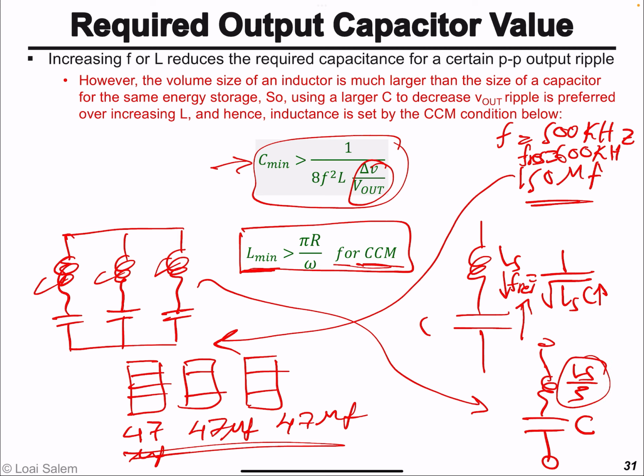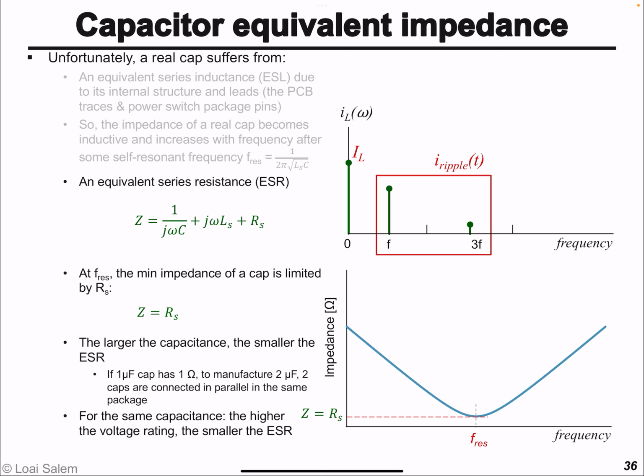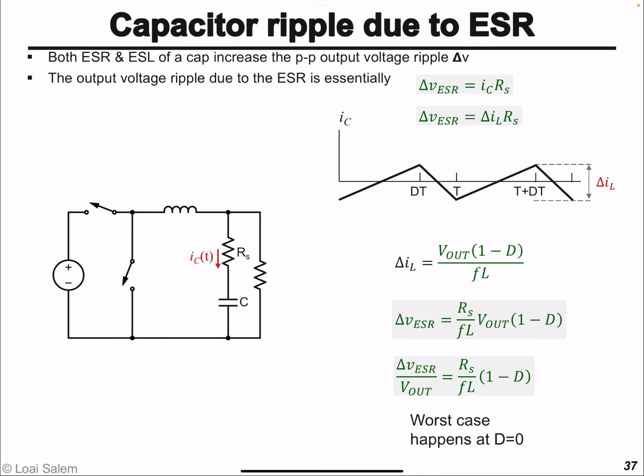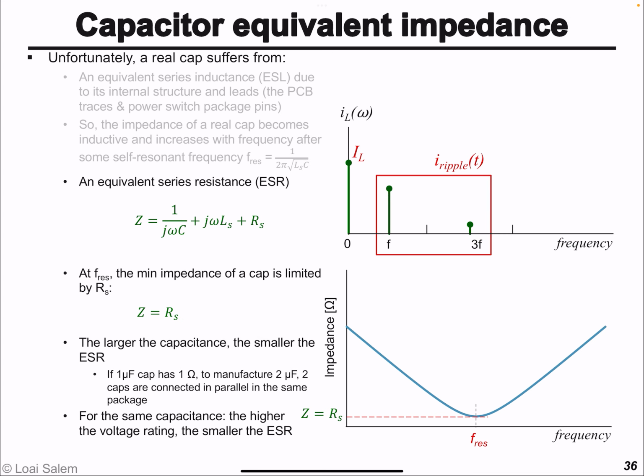Now there is also another factor to consider, which is that the capacitor not only has a series inductance, it also has an equivalent series resistance. And so at the self-resonance frequency, that's when the capacitance cancels the inductance, and the equivalent impedance of the capacitor is just a resistor R_S.